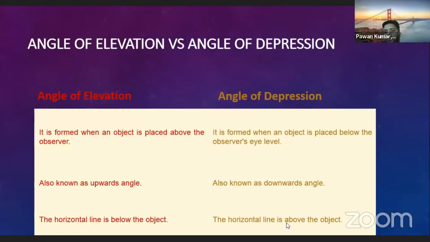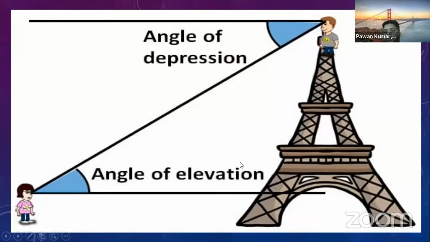So, the horizontal line is above the object for depression and below the object for elevation, as I mentioned. Let's see the next one. See here, for the angle of depression, this horizontal line is just above the object, and for the elevation, the line is below the object.